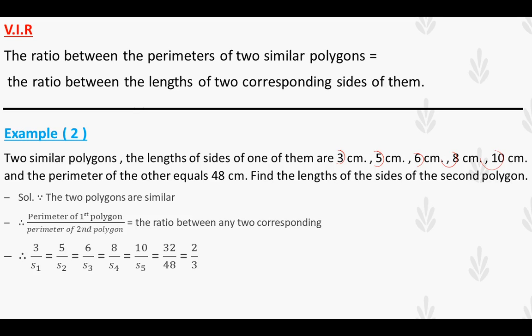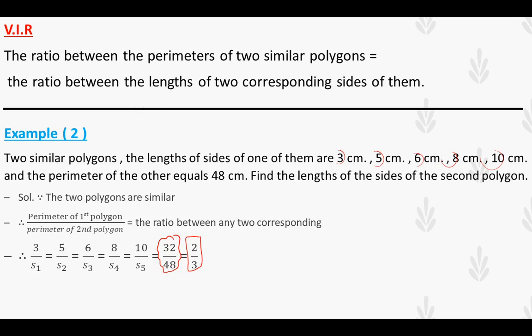So the perimeter will be 3 plus 5, 8, 8 plus 6, 14, 14 plus 8 equals 22, 22 plus 10 equals 32. And it gives us the perimeter of the second polygon, which equals 48. Here you have the scale factor of similarity, 32 over 48, in the simplest form, which equals 2 over 3. Okay?